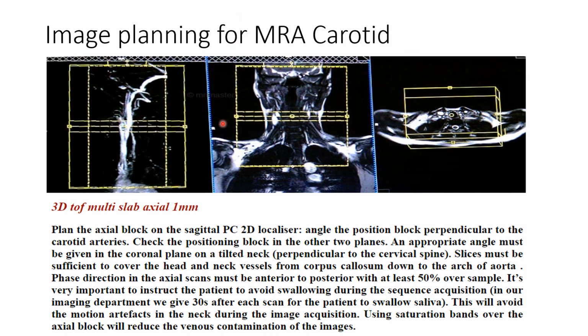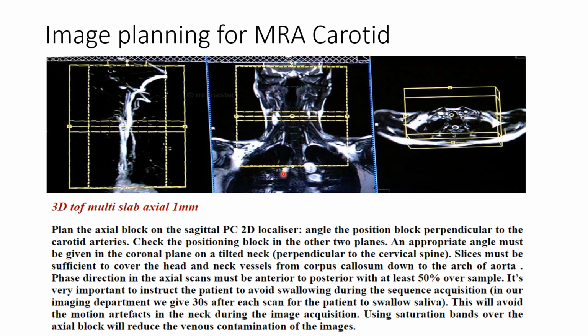Check the positioning block in the other two planes. An appropriate angle must be given in the coronal plane on a tilted neck, perpendicular to the cervical spine. Slices must be sufficient to cover head and neck vessels from the corpus callosum down to the arch of the aorta.